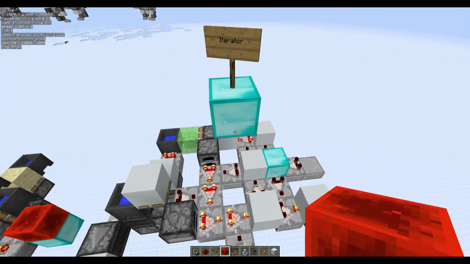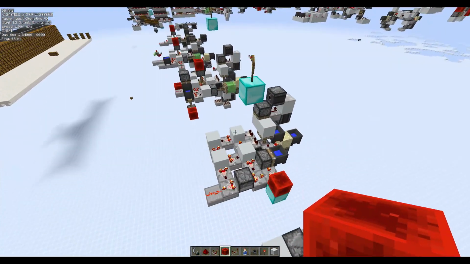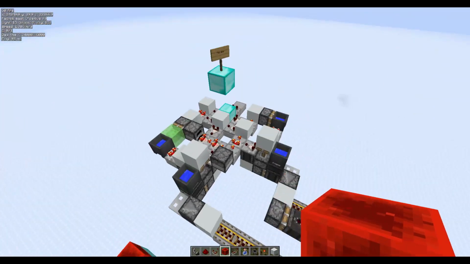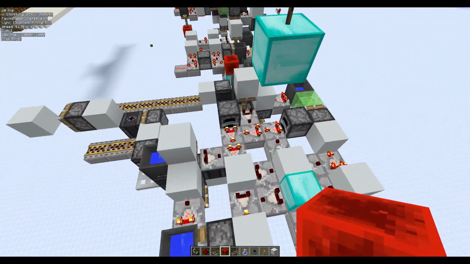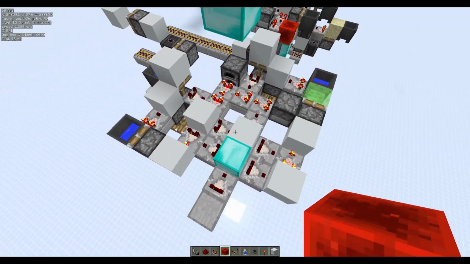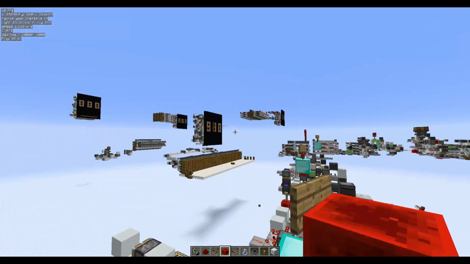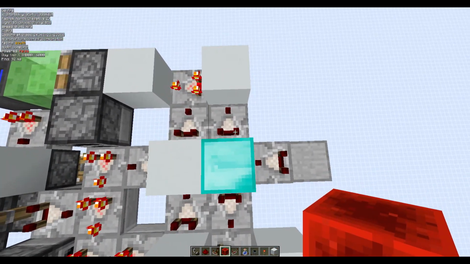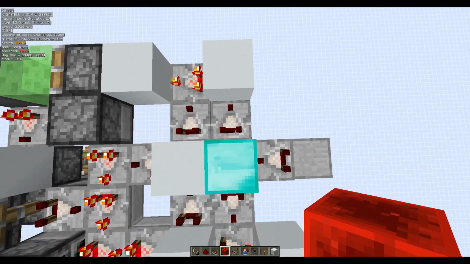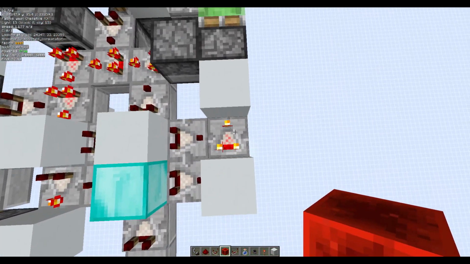Now we have an iterator. What does this do? It's just the incrementer and the decrementer combined. We have our input here, and it will decide whether to increment or decrement. This uses two of the circuits that we have up there. The input gets put over here, and over here we have it on subtract mode.